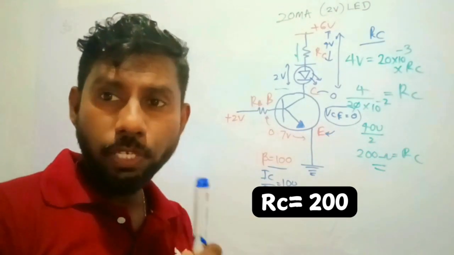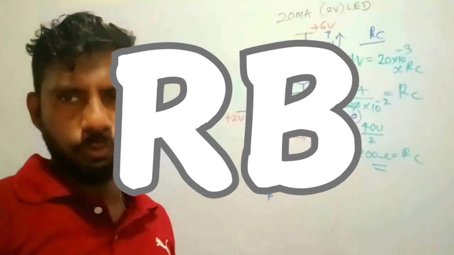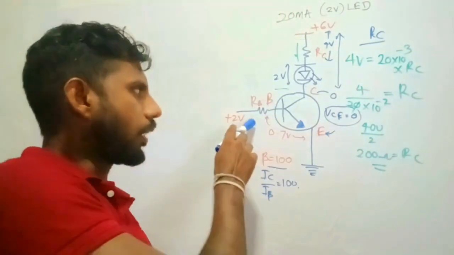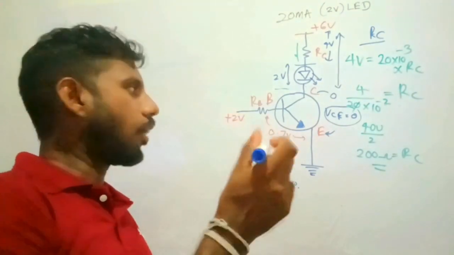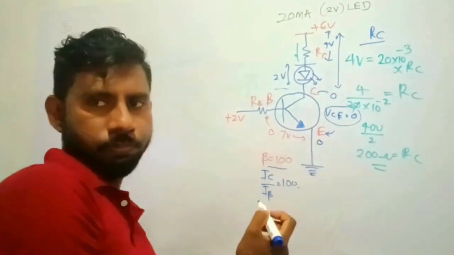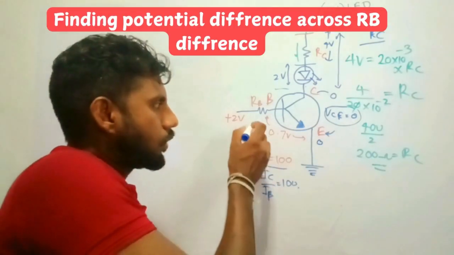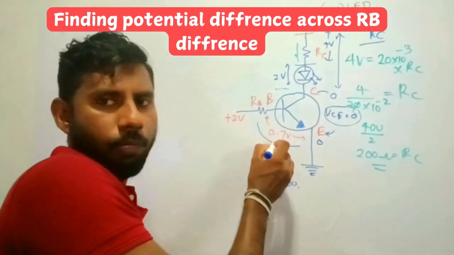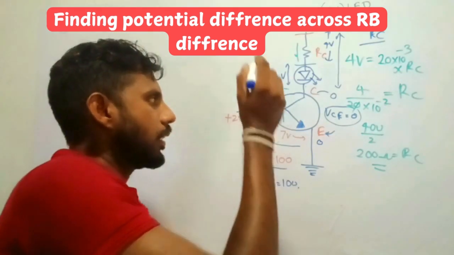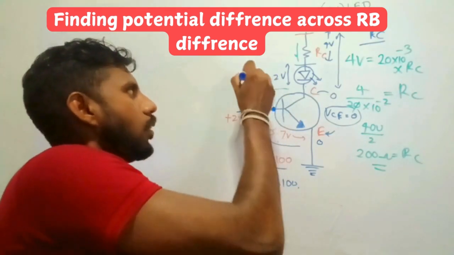Moving on to RB. To find RB, the same procedure, we need to find the current through RB. Now we know the potential difference across RB; here the potential is 0. They are telling us the potential difference VBE is 0.7, so the potential at point B, the base, has to be 0.7.